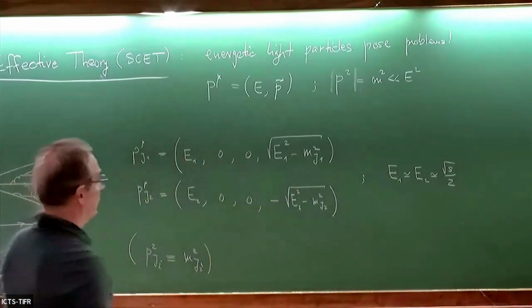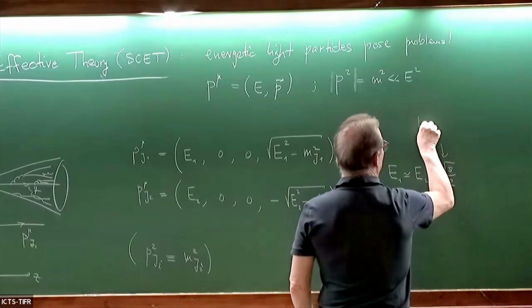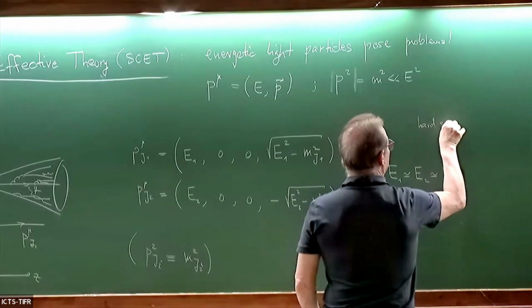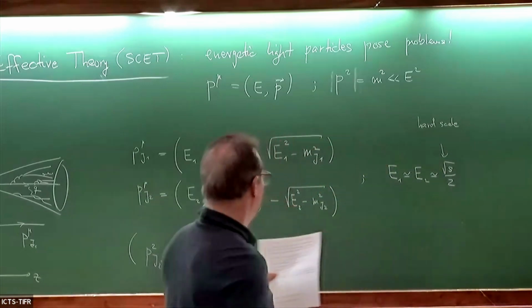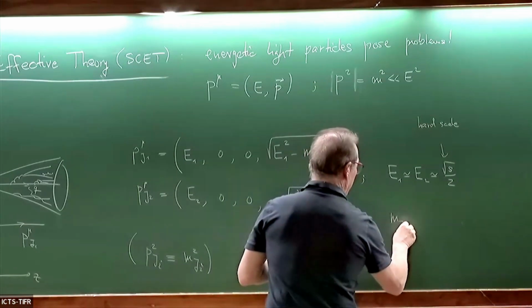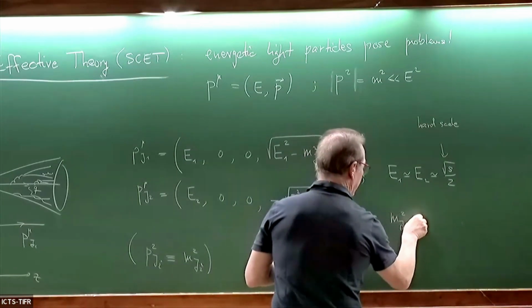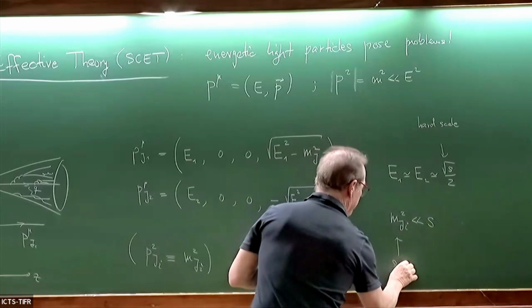And that is the large scale, the hard scale of our problem. The total center of mass energy is the largest scale in the problem. And then the small scale is the jet masses: m_ji^2 is much, much less than s. These are the small scales.